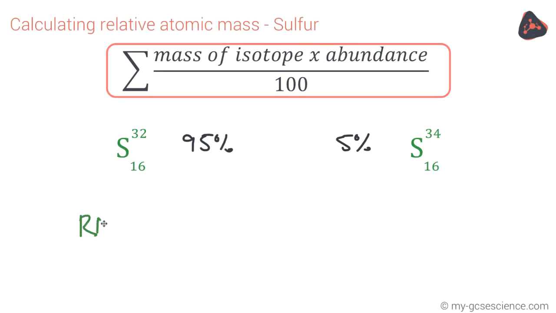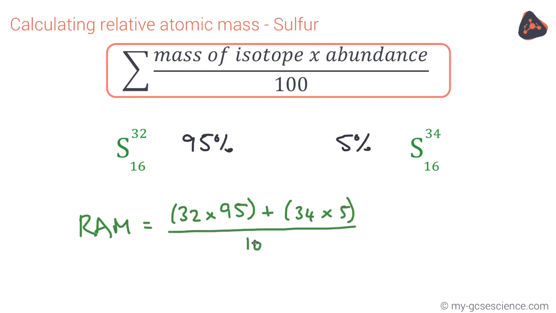So the relative atomic mass of sulfur will be 32 times 95 plus 34 times 5 all over 100, and that gives us a relative atomic mass of 32.1, which, if you check on the periodic table, is what you would expect for sulfur.